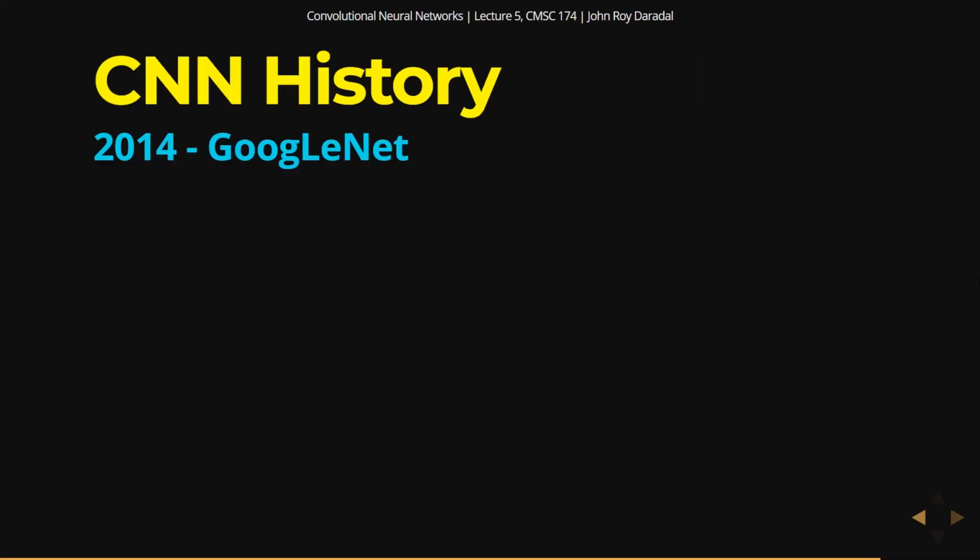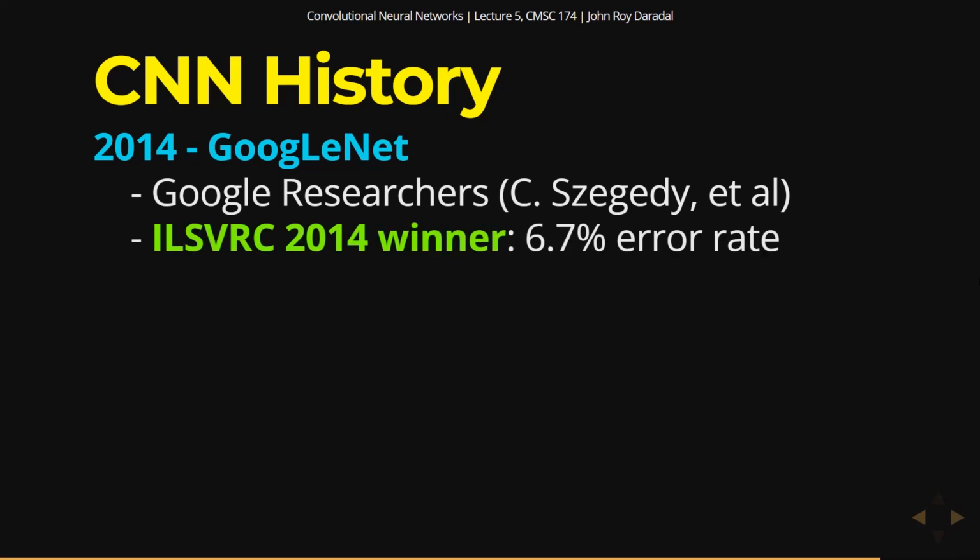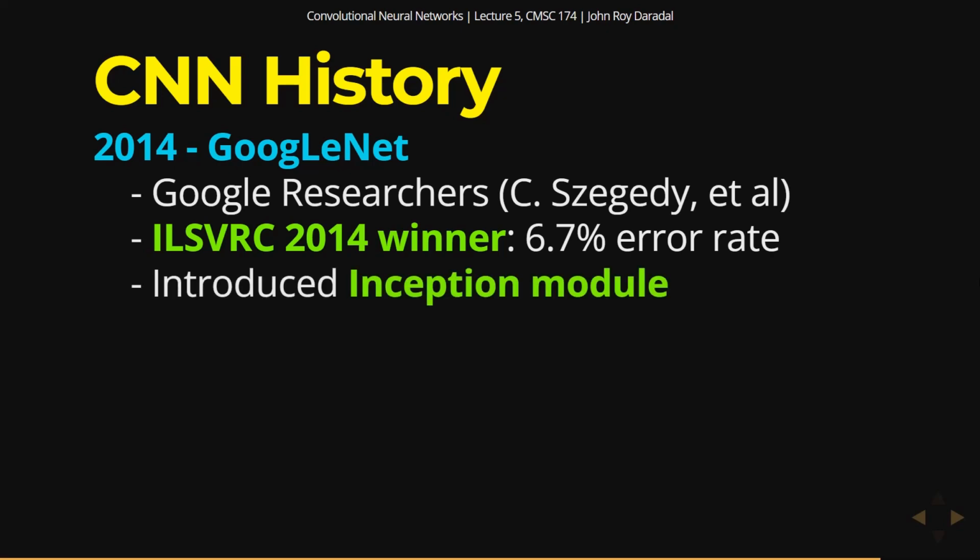Now, VGGNet was not the winner of 2014 because the winner was GoogLeNet, created by Google researchers led by Christian Szegedy. They were the winner of the ILSVRC 2014 with a 6.7% error rate. So remember, VGGNet was like 7 point something. This one is only 6.7% error rate. They created a different architecture.